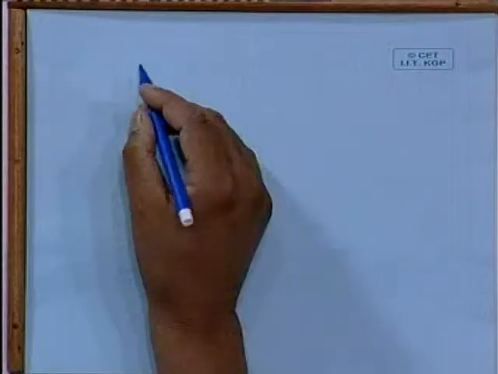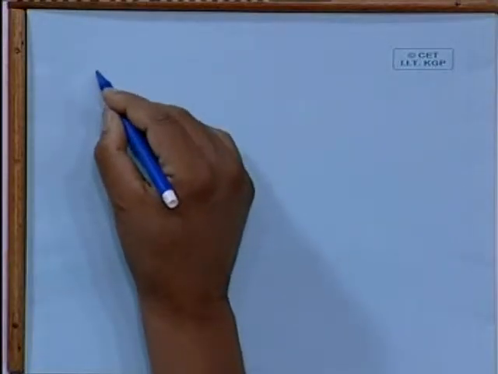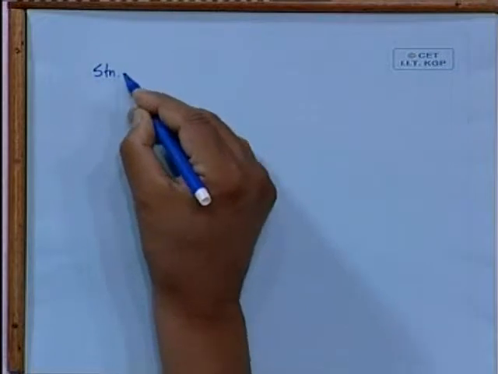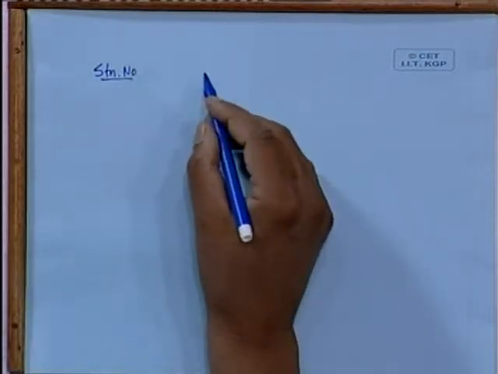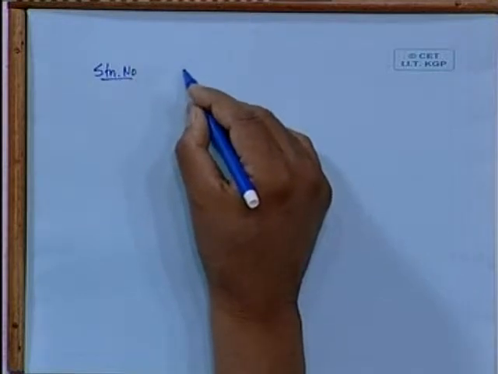Now let us see one small calculation of how I can calculate these parts by means of Simpson's rule. Let me say that I have a station number here. I have section areas.